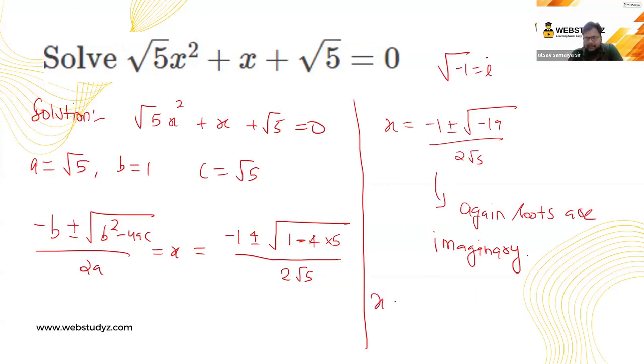So here roots would be minus 1 plus minus under root minus 19. These are non-real roots. Clear? Okay.